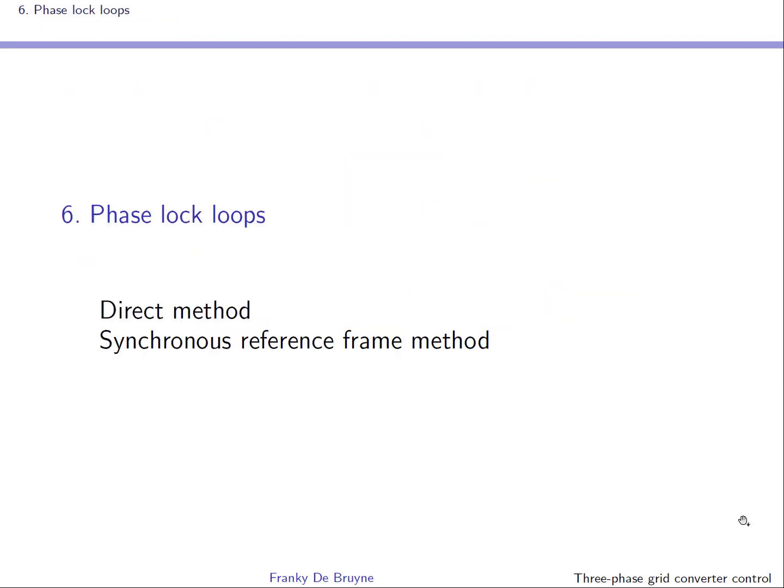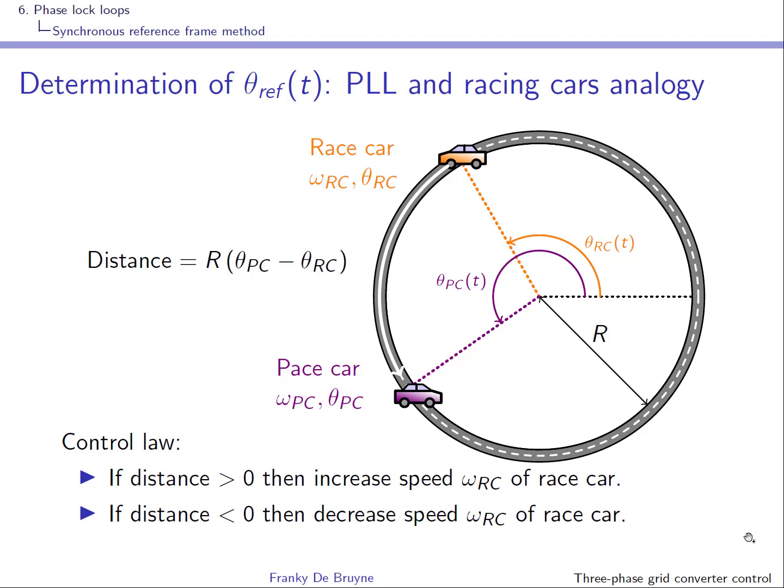In section 6 we're talking about phase lock loops. There are two methods, but we'll leave the first method aside, so it will not be covered in this series of videos, and I'll talk about the synchronous reference frame method. There is an analogy between a phase lock loop, or PLL, and racing cars. There is a pace car that is driving in front.